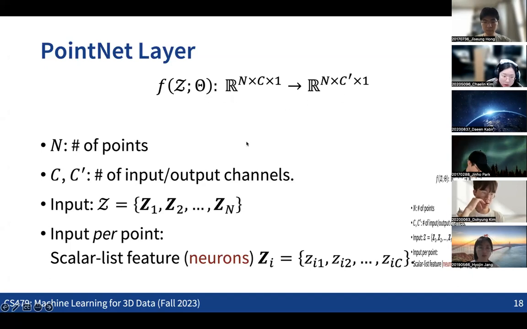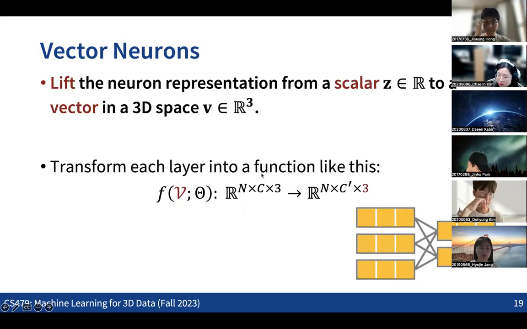So this was the setup where we treat each layer of PointNet as a function. And here, what we want to do is transform this function in a way that handles not just scalar values, but actually vectors. So now we are transforming each layer in PointNet by lifting the neural representation from scalar values to vector values.